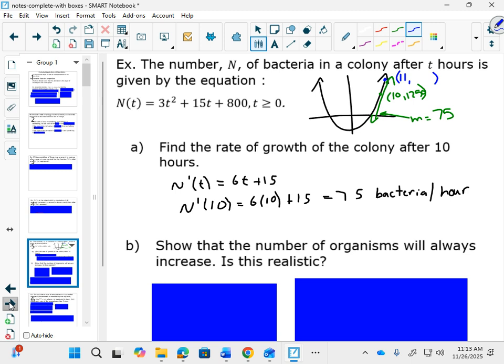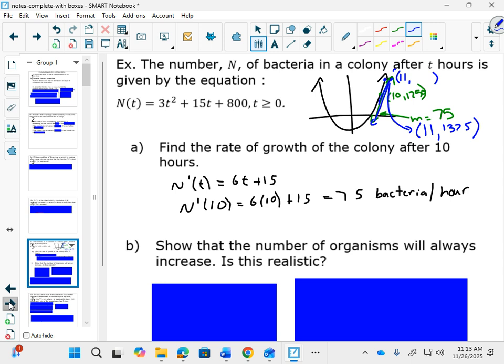Yeah, 1250. Now, what happens when you plug in 11? According to my instantaneous rate of change, at 10 hours, it's changing at approximately 75 bacteria per hour. Now, you know how parabolas work. Parabolas increase faster than lines. So, if I went on my tangent line, I'm going to have 11, and if I add 75, I'm going to get 1325.